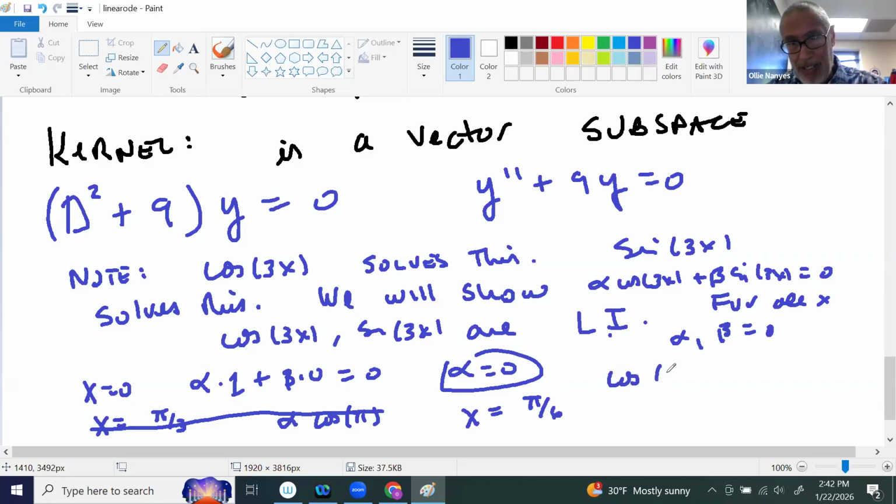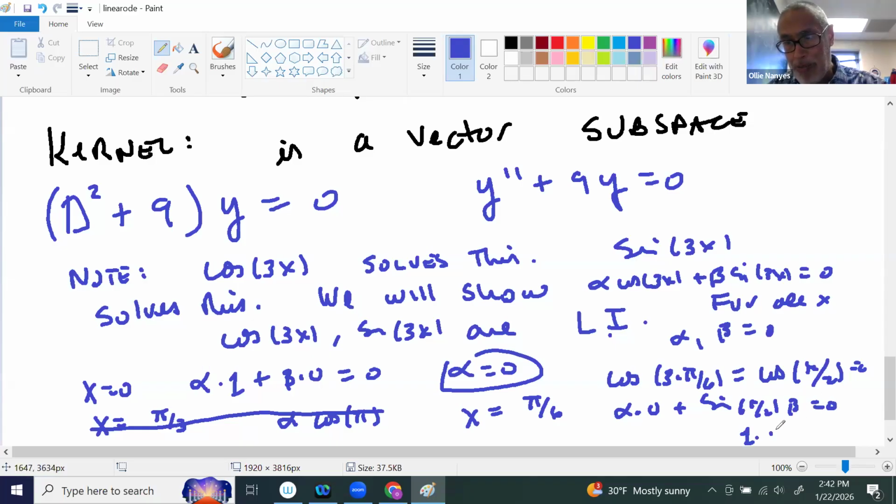Now cosine of 3 times pi over 6 is cosine of pi over 2, which is 0. So we get alpha times 0 plus beta times sine of 3 times pi over 6, which is sine of pi over 2. Sine of pi over 2 is 1, so beta must be 0.